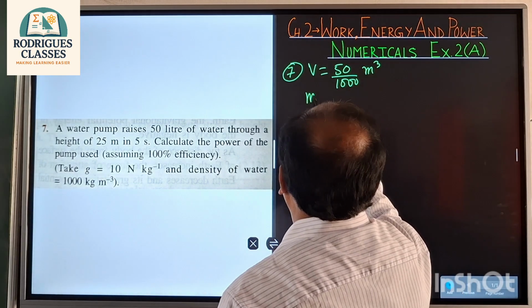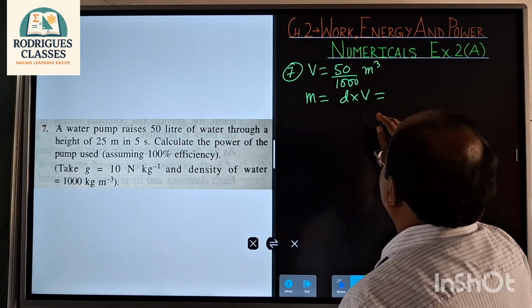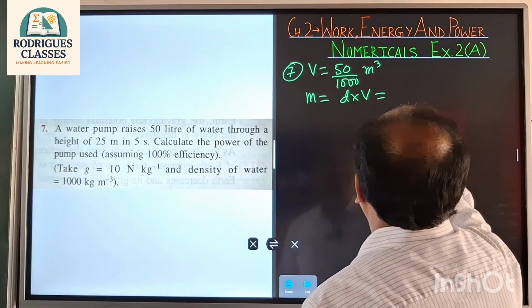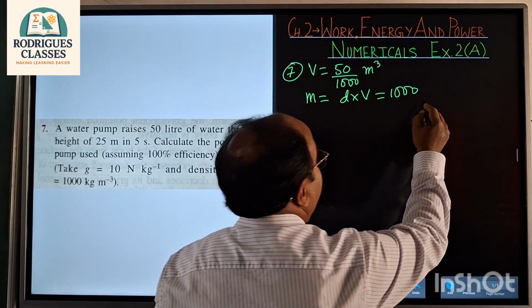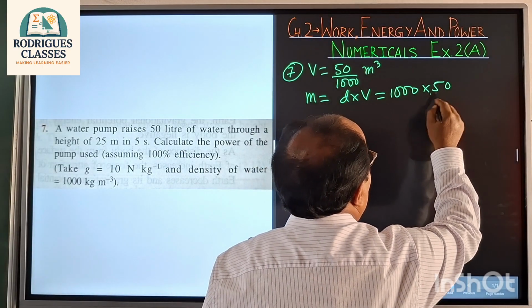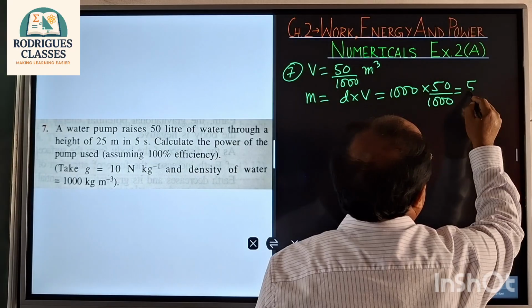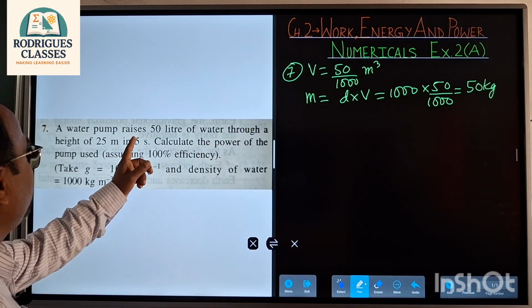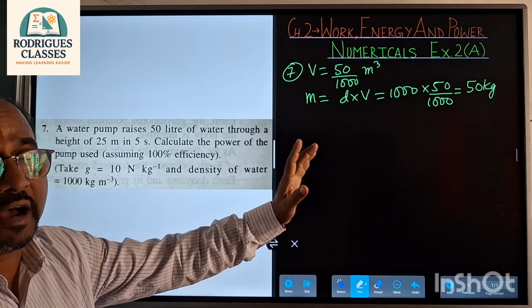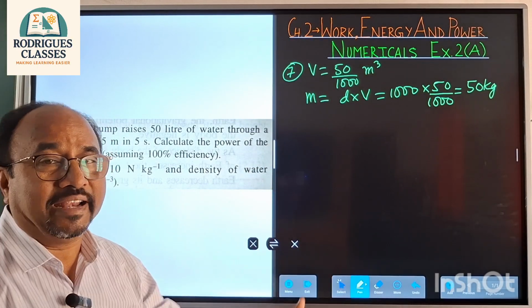So I write here mass is equal to density into volume. Density is given to us as 1000 and volume is 50 by 1000. So 1000 is cancelled, and we get 50 kg. So whatever was the volume in liter, you get the same mass in kg, because the density of water is also 1 kg per liter.